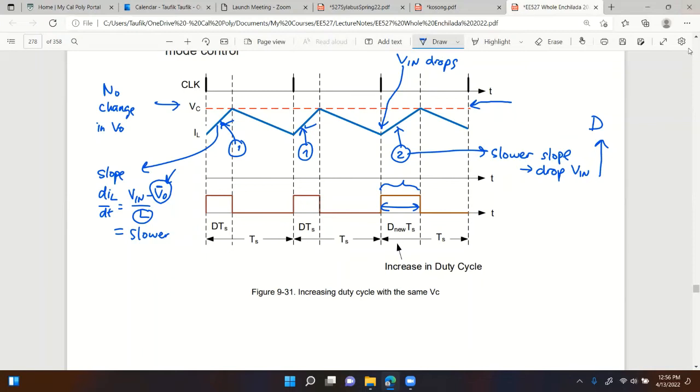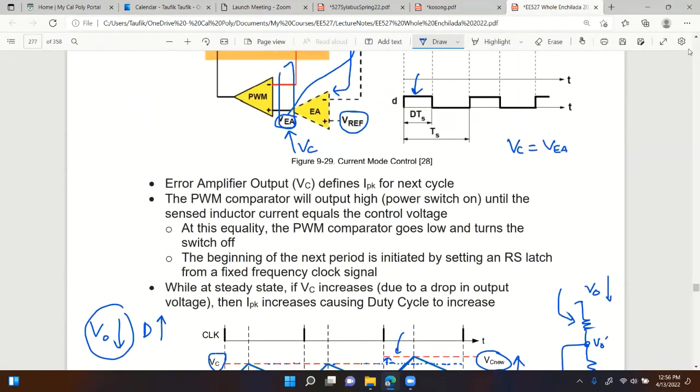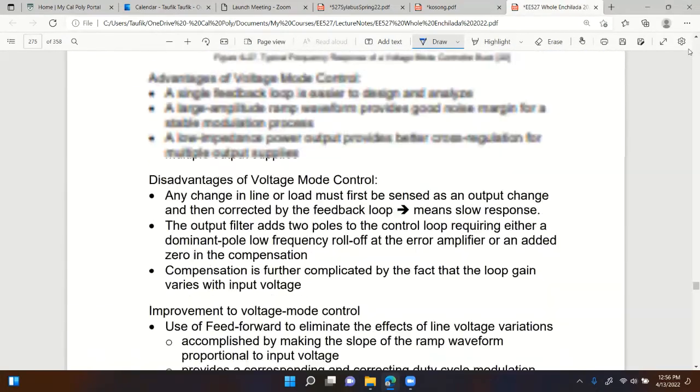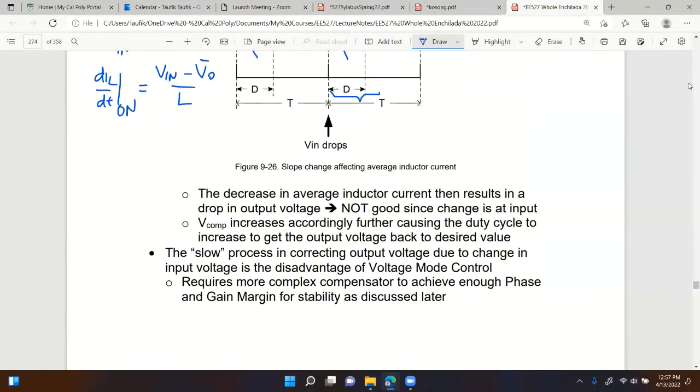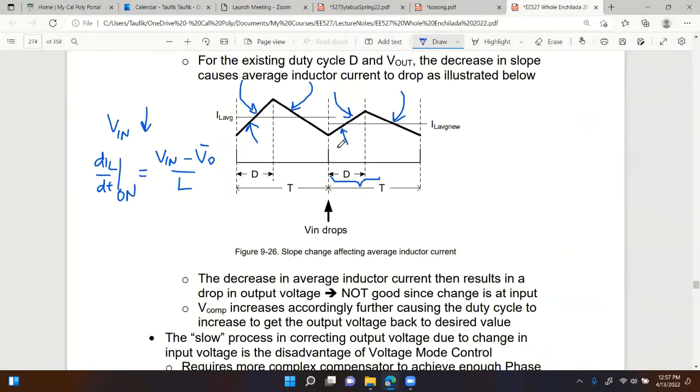Compared to voltage mode, in voltage mode the duty cycle still stays the same. Where is it? Oops, right there. You see, duty cycle still stays the same when V in drops.